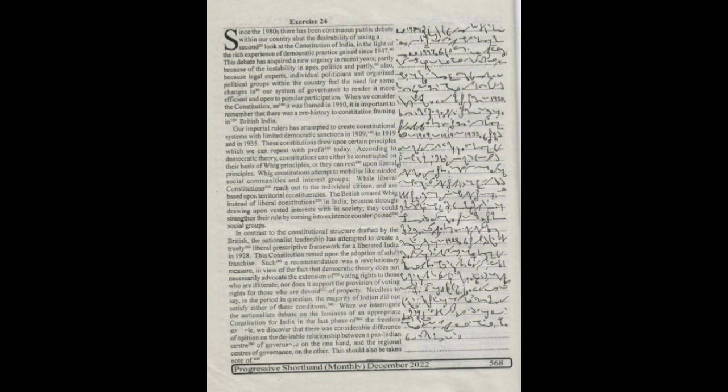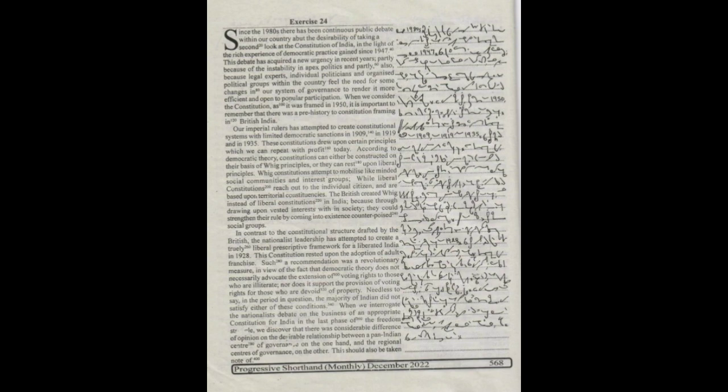Such a recommendation was a revolutionary measure in view of the fact that democratic theory does not necessarily advocate the extension of voting rights to those who are illiterate, nor does it support the provision of voting rights for those who are devoid of property. Needless to say, in the period in question, the majority of Indians did not satisfy either of these conditions.